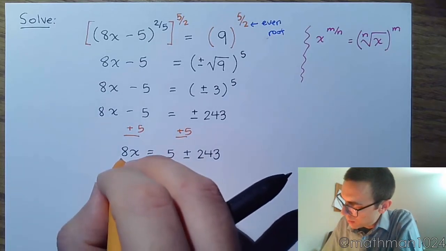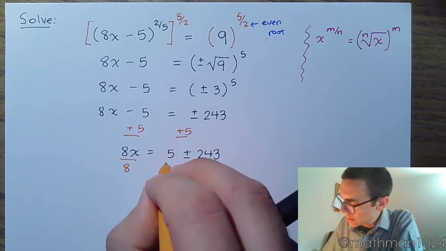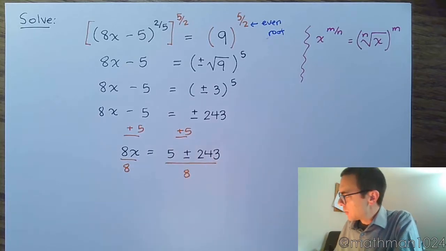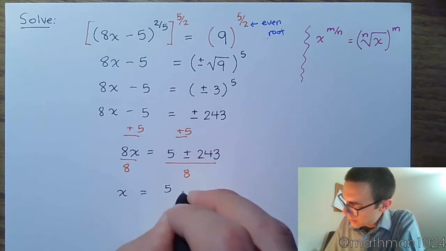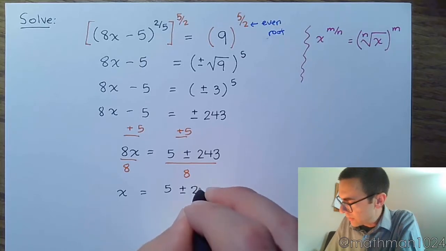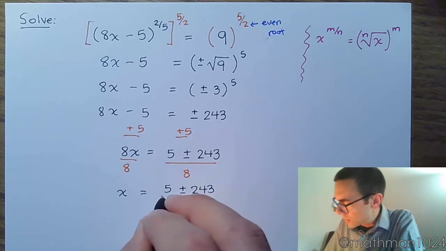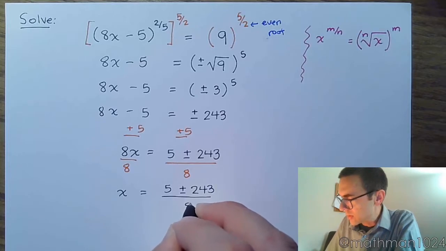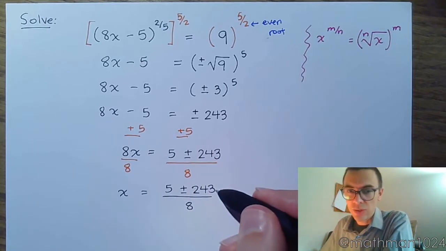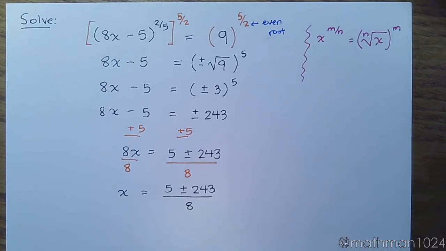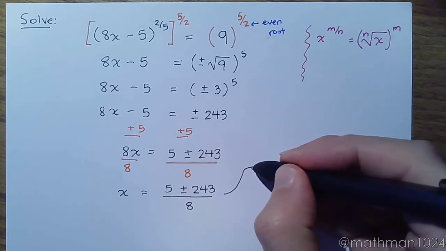And then we divide both sides of the equation by 8. Now, I know we've got the plus or minus here, but we can't leave our answer like this. And the reason we can't leave our answer like this is because you see that we have plus or minus an integer. So that means that we need to separate this into our two answers.